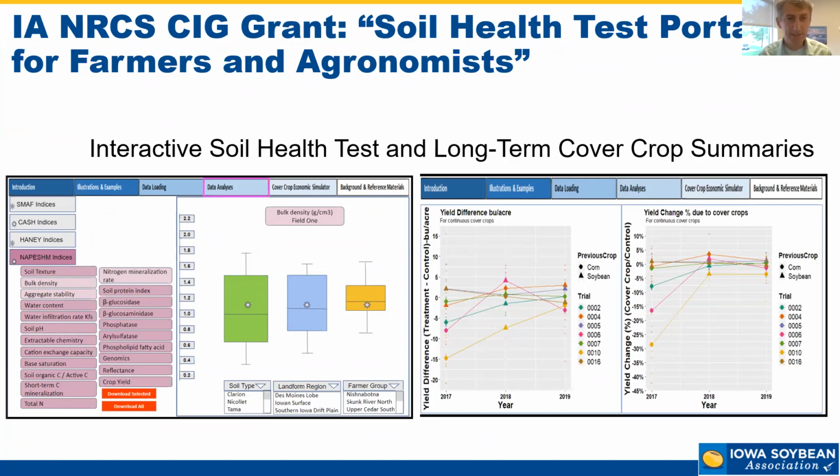The idea is to use different soil health systems, summarize, analyze, and make them more accessible for farmers. Some of this part will be focused on strip trials, some of it just on soil health tests, and so on. So if you're interested, let us know. It will also include some economic simulations as well.